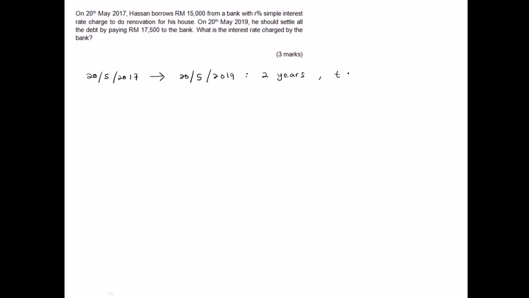T equal to 2 years. Borrow 15,000, that is the original amount of the loan, that is our P equal 15,000. R% simple interest, this is the value that we want to find. 17,500 is the amount S. What is the interest rate charged by the bank? So there are two ways in solving this question.